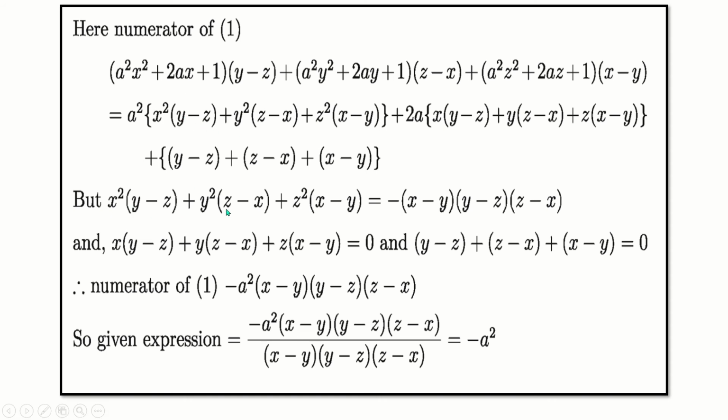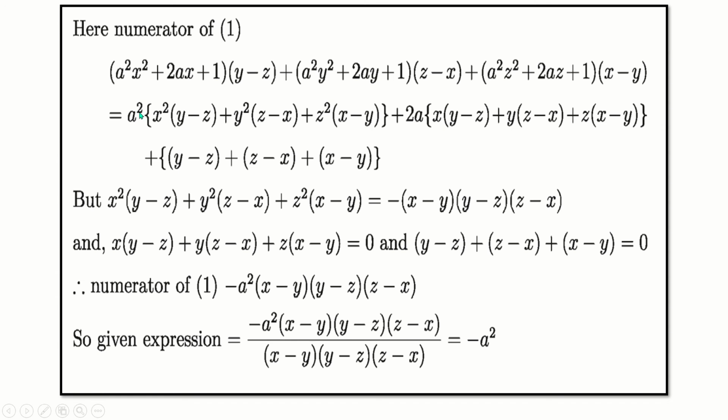Okay, and this equals minus (x minus y) into (y minus z) into (z minus x), and x into (y minus z) plus y into (z minus x) plus z into (x minus y) equals 0, and this also equals 0. Therefore the numerator will be this into a square.